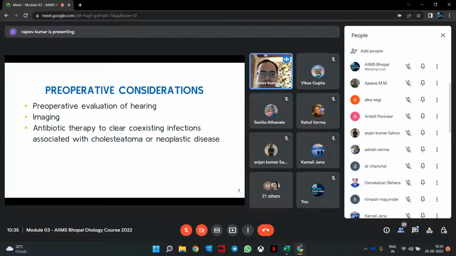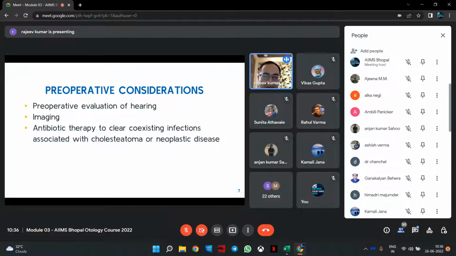A bit about pre-operative evaluation, what we have to do before we do the surgery. Basically, we do an audiogram. And because we want to map out the disease, we should have very good imaging in the form of high resolution computed tomography of the temporal bone.